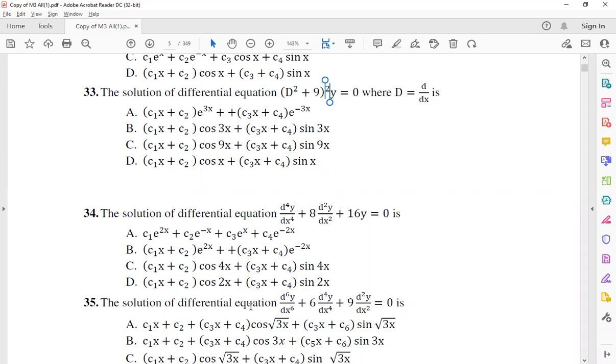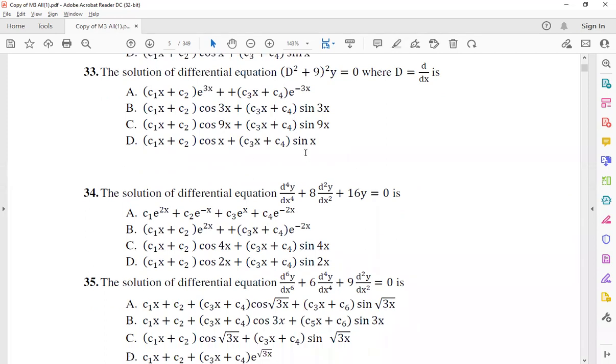So imaginary, repeated twice. Which one is correct? Beta is 3. B. B is correct, right? Plus minus 3i, no? So 3 is here, it is correct. Here it is 9, so it is not. Here it is 1, it is not. And i is there, so it is not e, it is sine and cos. So the correct one is B. Chalo, 34.